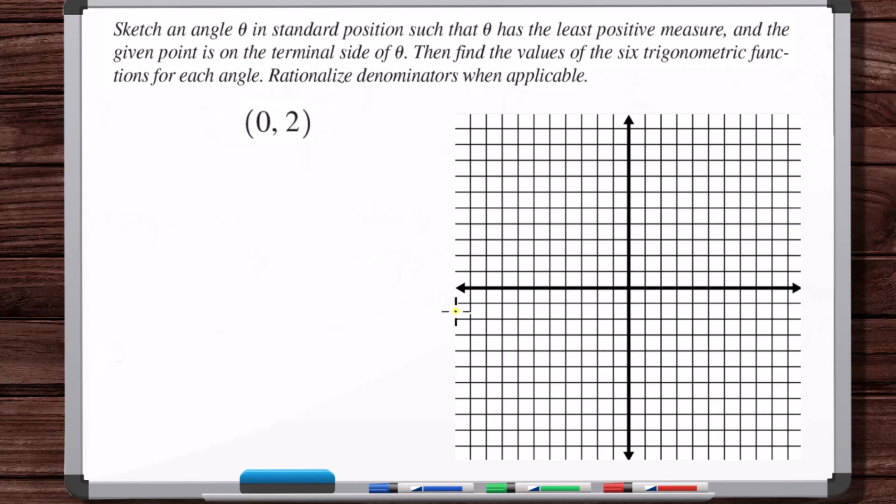Okay, 0, 2. So let's do minus 5. All right, so 0, and then each tick is 0.5. Now this is a quadrantal angle.